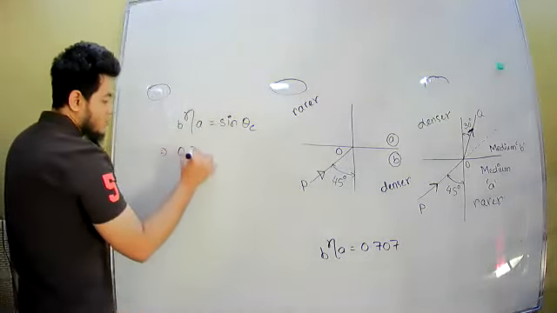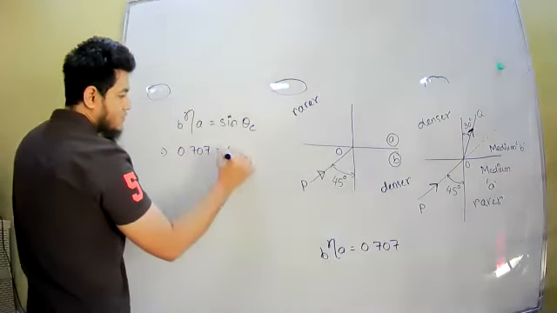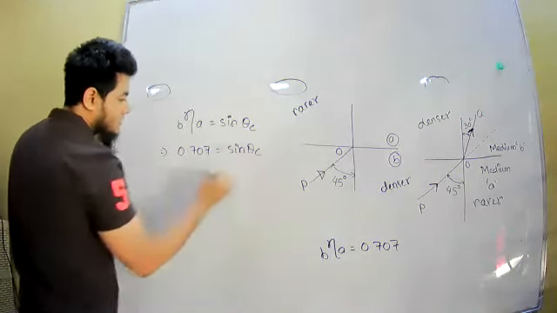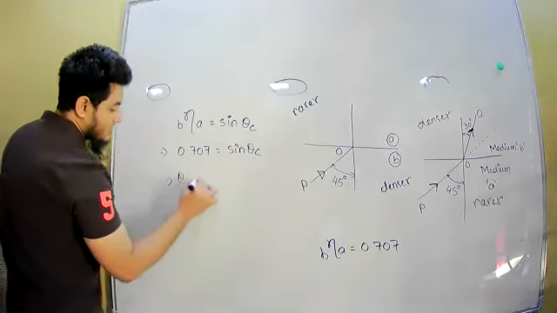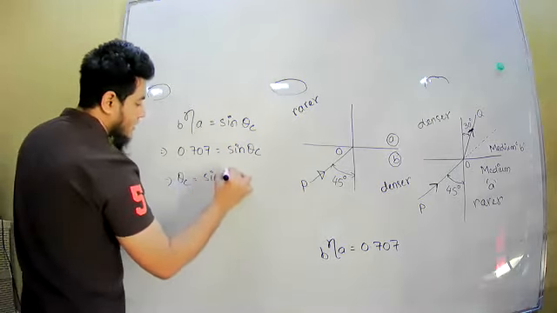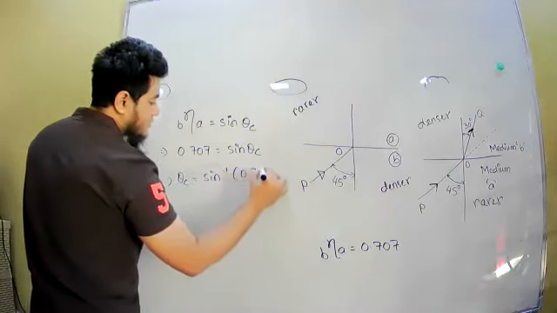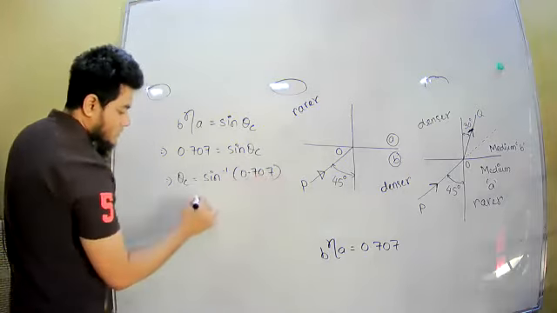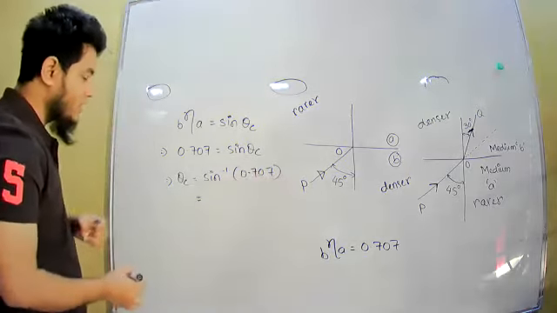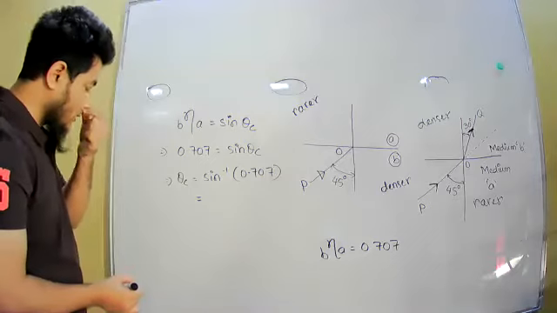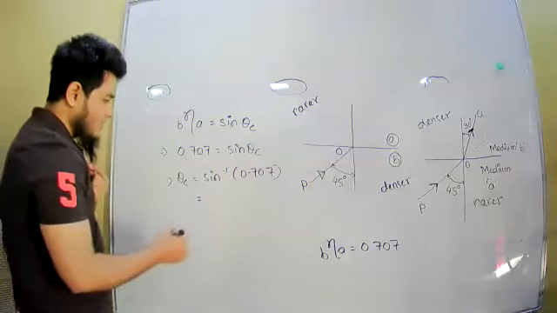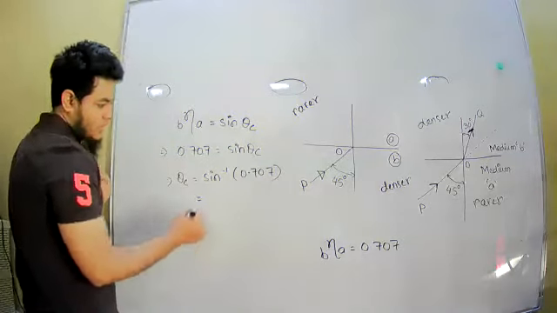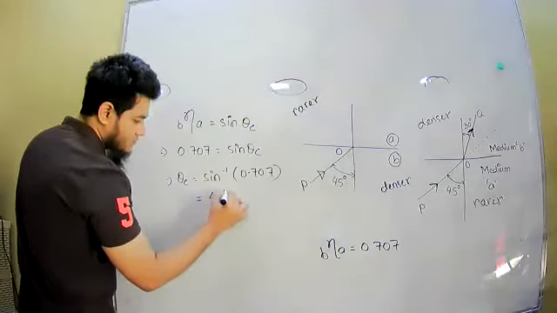So 0.707 is equal to sine theta C. From here, theta C is equal to sine inverse 0.707. This will probably give you 45 degrees, correct or not?